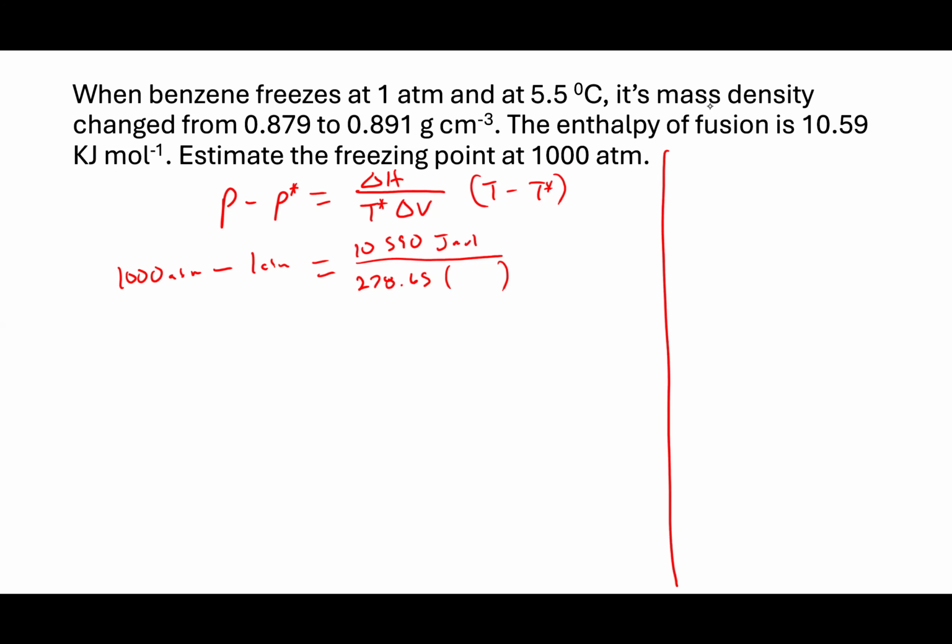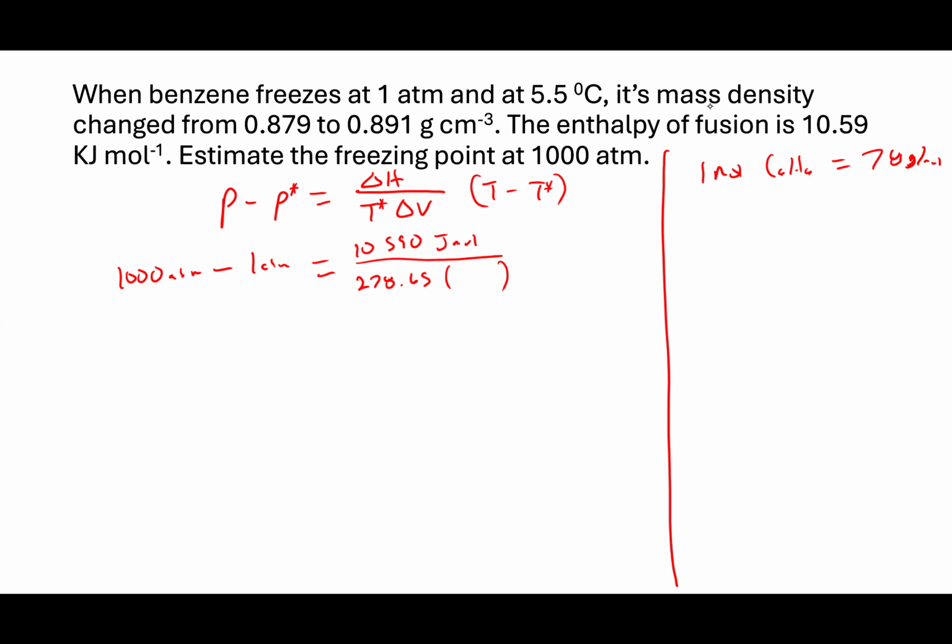So if we have 1 mole of benzene, all right, benzene is C6H6, right? That's going to be a molecular weight of 78, right? 12 times 6 plus 6 is 78 grams per mole, right?